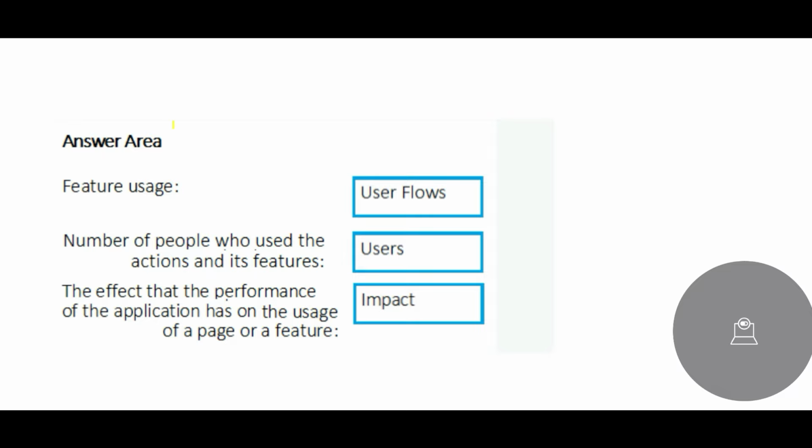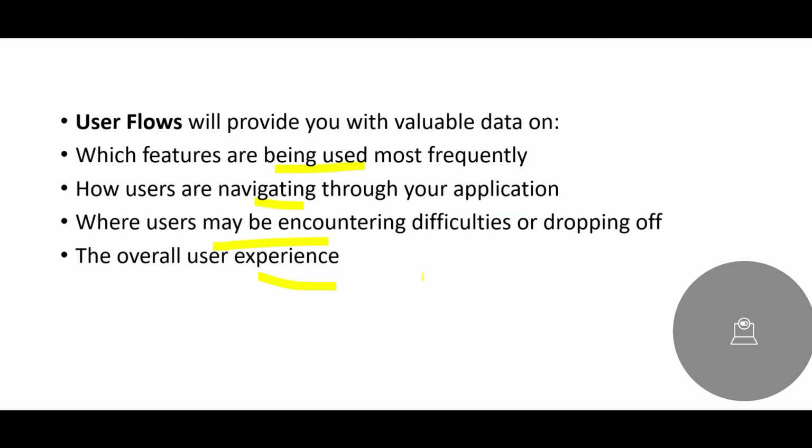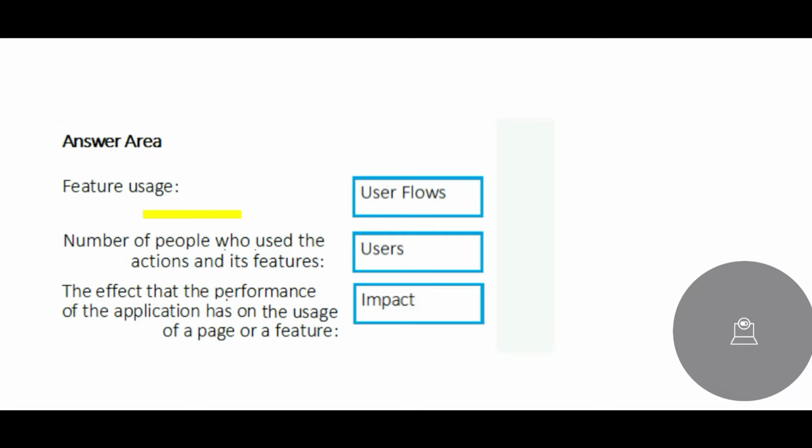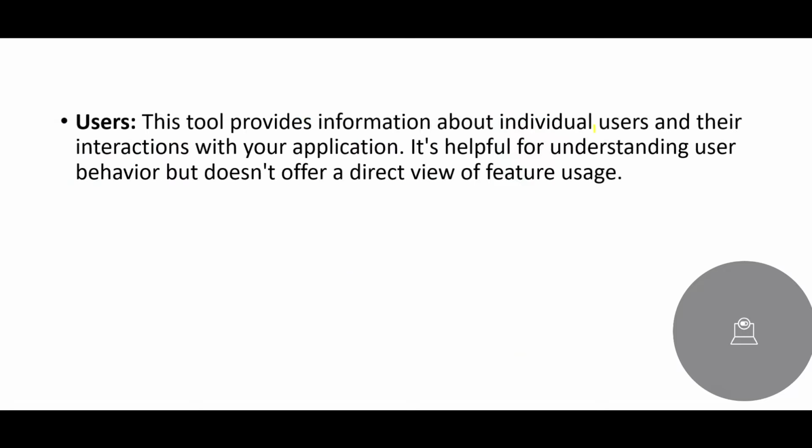So this gives you a good insight about the feature usage, because it gets into the details of who is encountering, or what percentage of users are encountering, problems with using that feature, and what the overall experience is. Okay, when we talk about the number of people who use the actions and features, these are users. They provide information about individual users and their interactions with the application, which user is using the application, in what way.